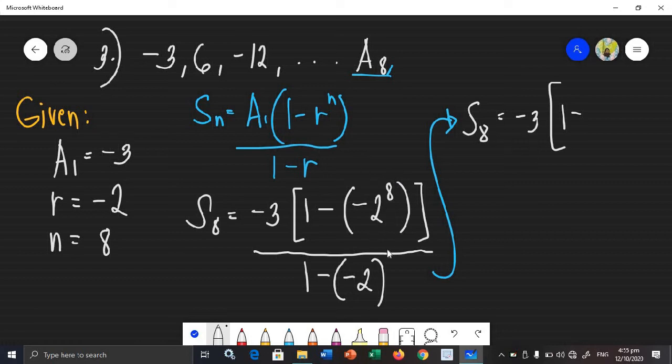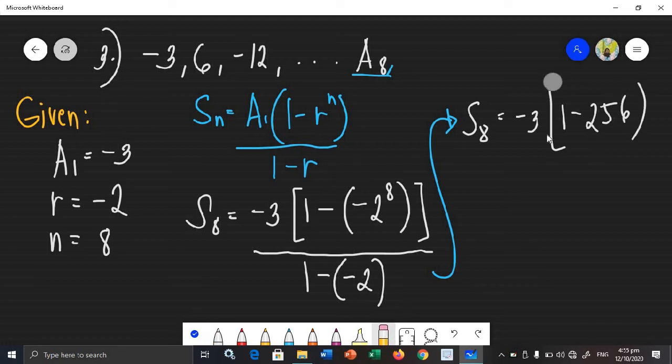Wag niyo po i-calculator, imano-mano niyo yung sign. Kasi ang mangyayari dyan, negative times negative, positive, negative, positive, negative, positive, negative, positive. Tansyahin po yung sign dito. Kasi mali yung binibigay kadalasan. So, negative 2 raised to 8, the answer is 256.